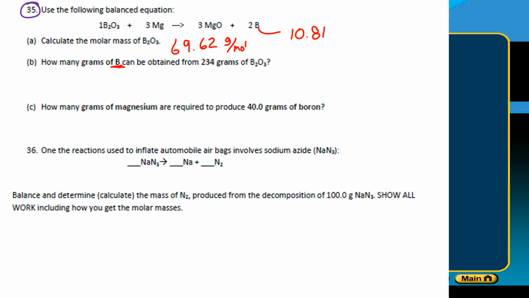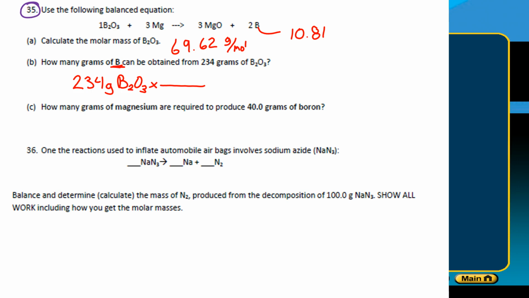All right, so the question says, how many grams of boron can be obtained from 234 grams of boron oxide? So I'm starting with 234 grams of boron oxide. What's the first step I need to do? What are we trying to accomplish by doing that?